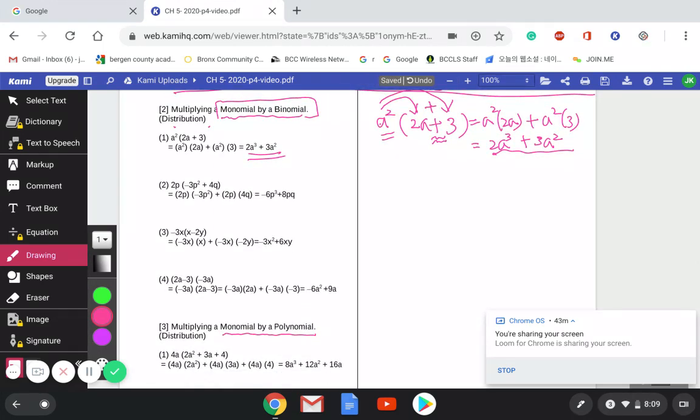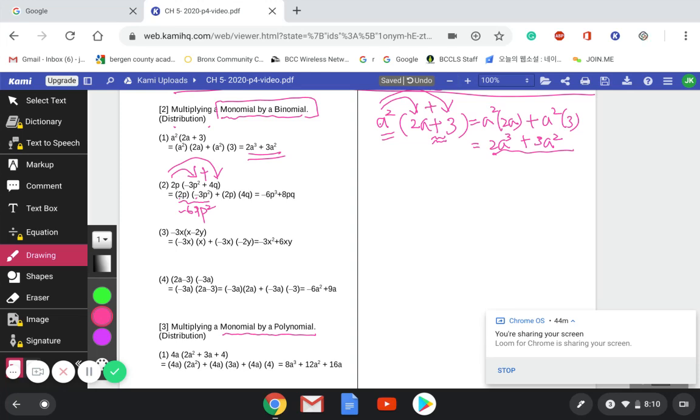Next one, monomial times binomial again. So 2p you distribute with that, and because you have plus, you write plus 2p with a 4q. So 2p with a negative 3p squared becomes 2 times negative 3 is negative 6, and p with a p squared becomes p third, because p means p to the 1.